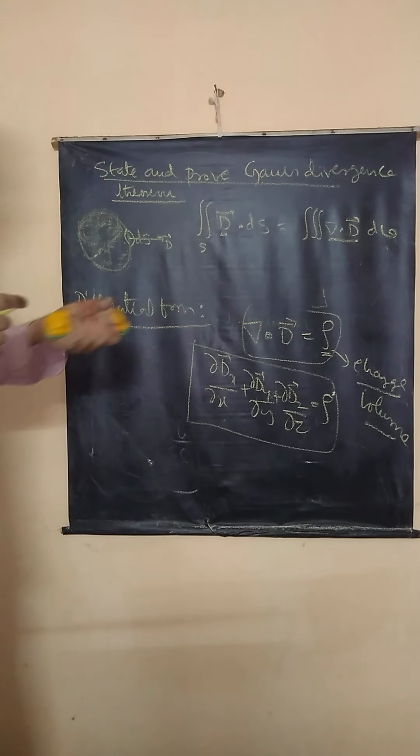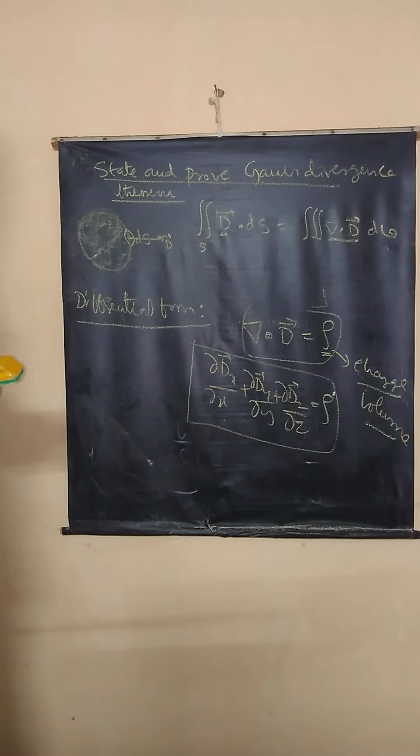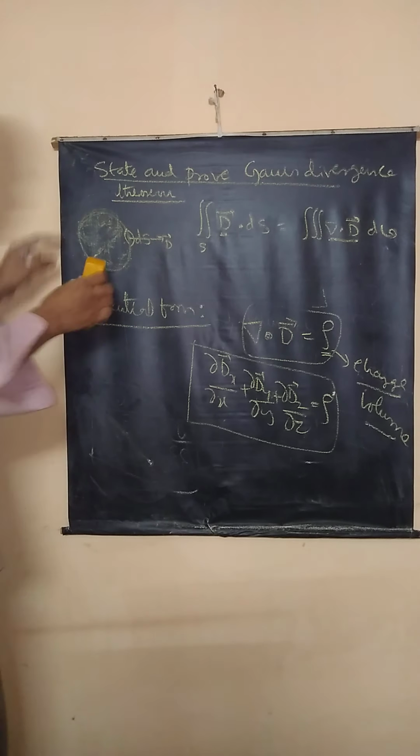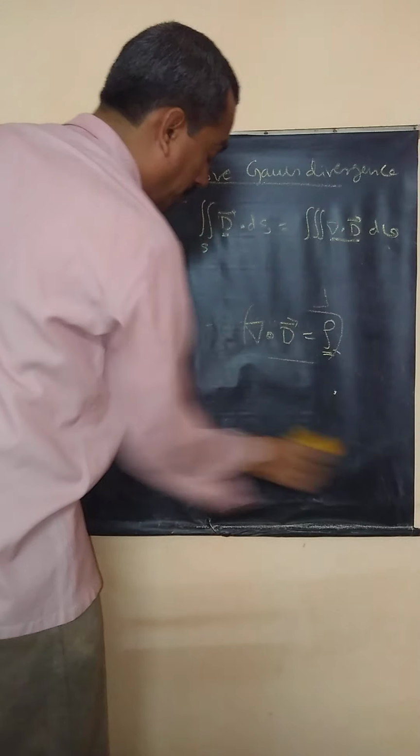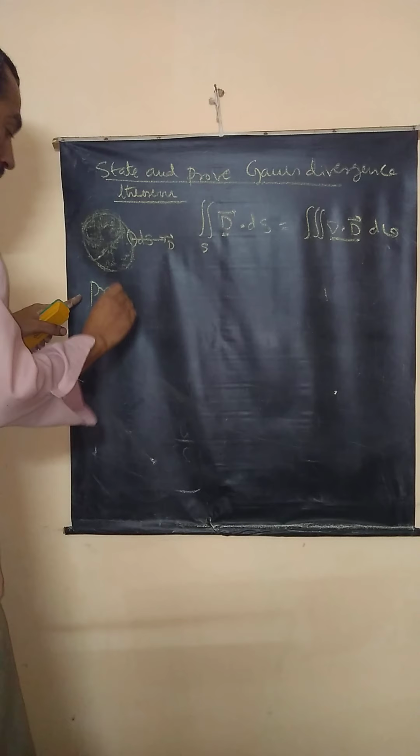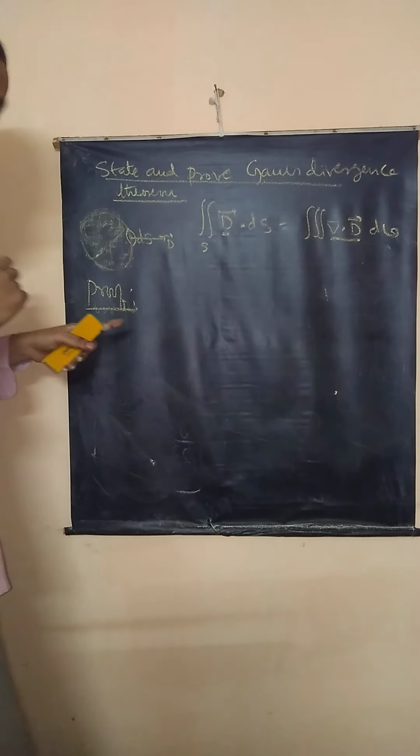Is it clear? Now, how to prove the Gauss divergence theorem? We have a very simple way. We will use this formula. Okay? Now, I will take the proof. Very easy, only 2 steps. Okay?